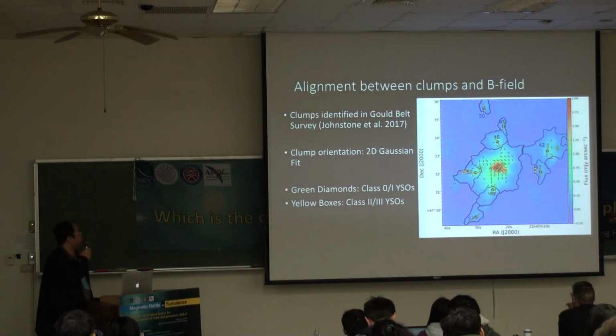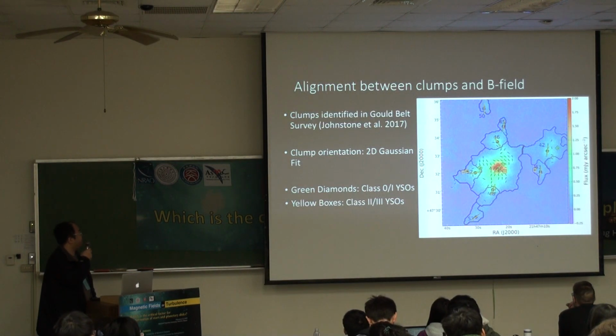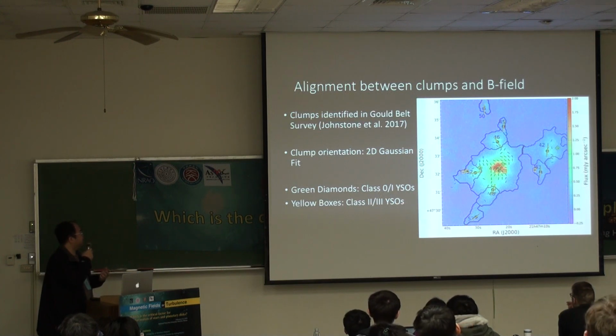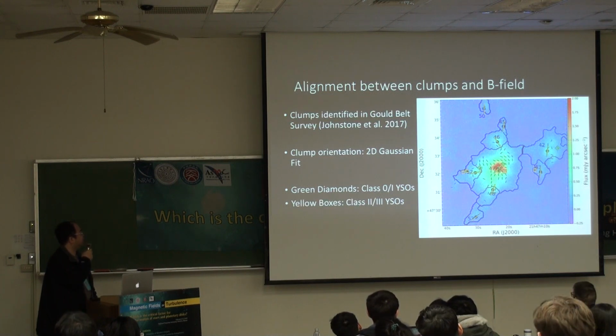In addition to the overall morphology of the magnetic field, we also want to investigate whether the magnetic field is important in regulating the fragmentation of clumps. Here we use the clumps identified in the JCMT Gould Belt survey, with the boundaries shown here, and we calculate the clump orientation by Gaussian fit.